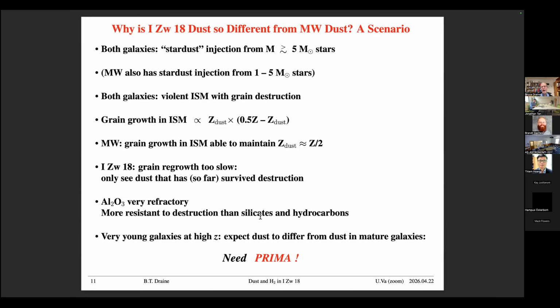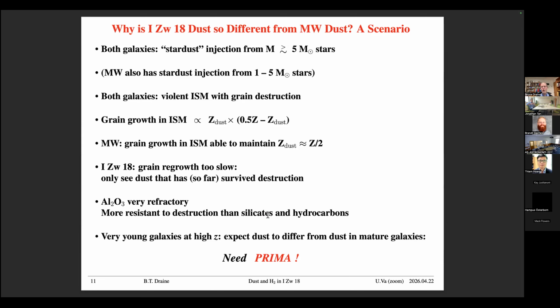And maybe this is a guide to what we might look for in star-forming galaxies at redshift 10 or 15, once we have the ability to study them. Now, for studying the infrared emission from a galaxy at redshift 10 or 15, for looking at the infrared features by dust, there tend to be rest wavelengths of like 14 microns or 13 microns. So we're going to need an instrument like PRIMA.